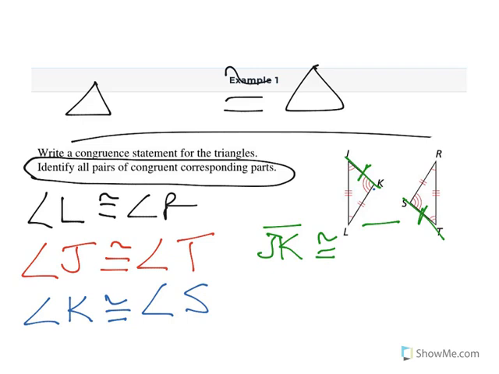So if JK goes from 2 lines to 3 lines at their angles, then we need to say TS because T has 2, J has 2. So when we write them as sides, we need to make sure that the angles are also in the right place. Okay? So notice that J and T are both first because J and T are the congruent angles.